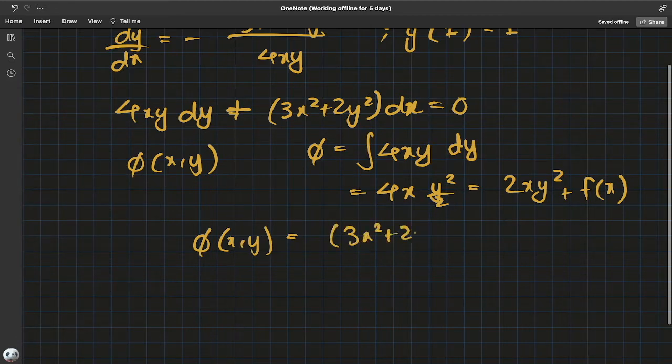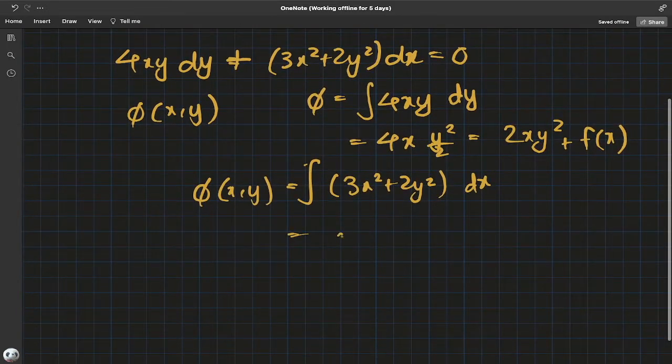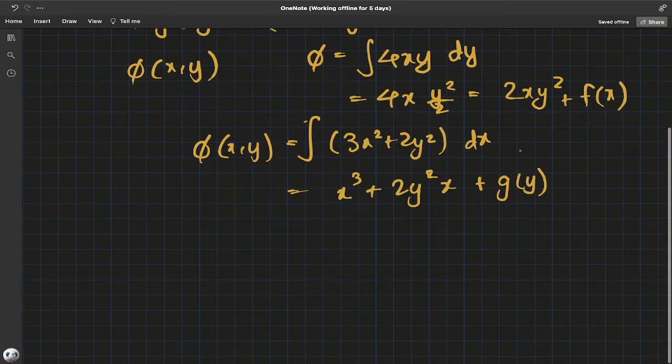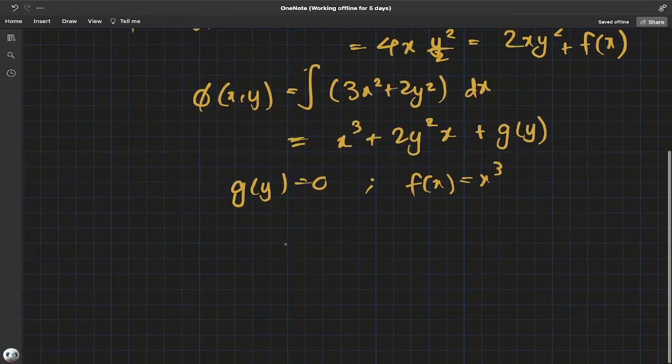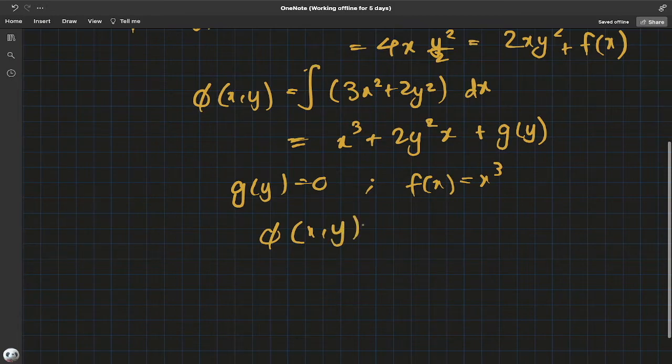So 3x squared plus 2y squared dx, and we get x cubed plus 2y squared x and some function of y that we don't know because it was integrating with respect to x. So combining both our guesses for phi, we can set g of y to 0 and f of x to x cubed so that everything is satisfied. Take the simplest case for g of y, don't complicate things.